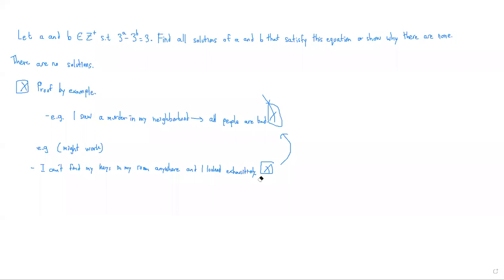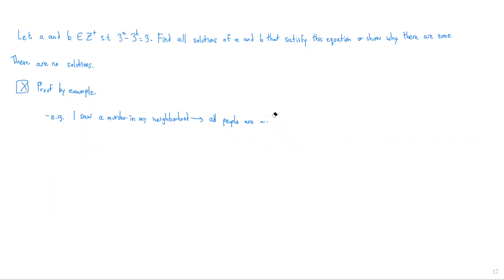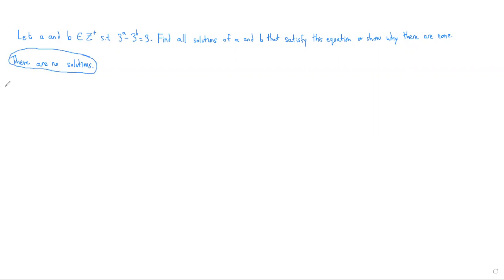So now that I showed you how not to do it, let's show you how to do this problem. First of all, you should be able to recognize that this is a very good question. There are no solutions. Okay, let's begin with the hard way, just because why not?